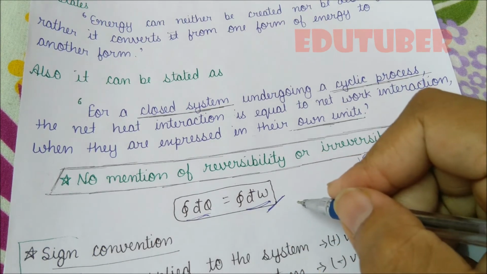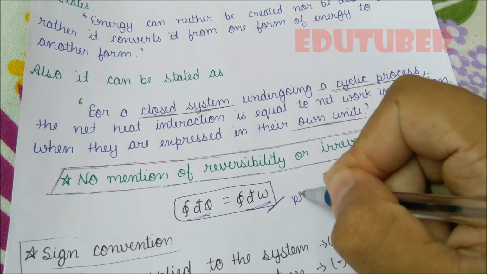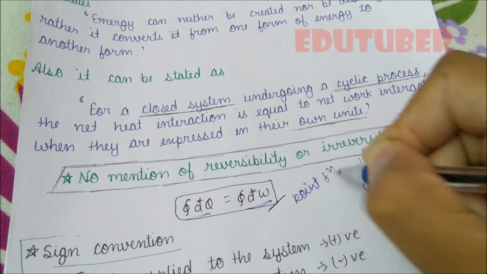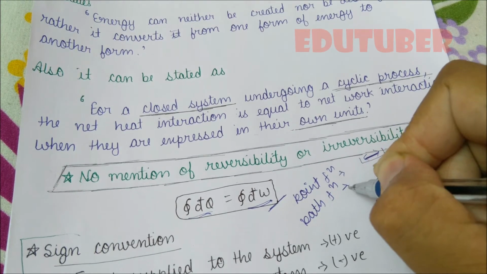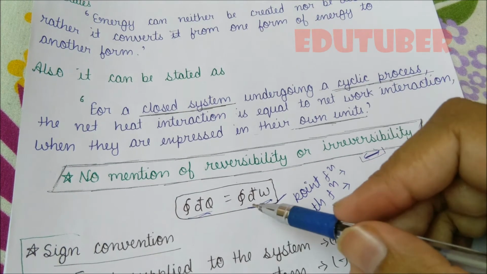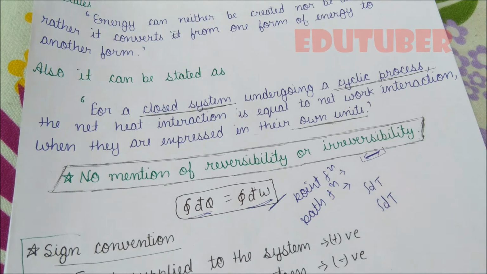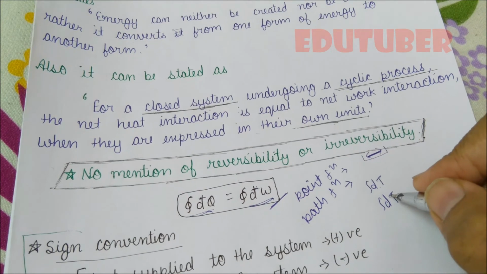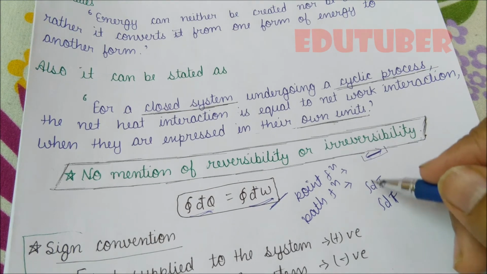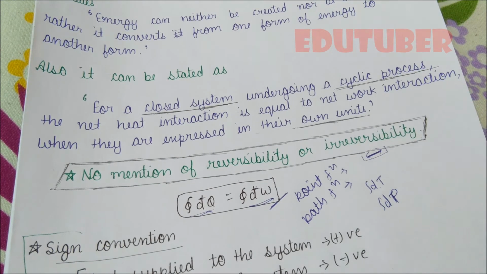They are not point functions. Point functions are exact differentials, path functions are inexact differentials. Inexact differentials are denoted by d bar, while exact differentials like temperature and pressure are represented by d. I hope you understand this.